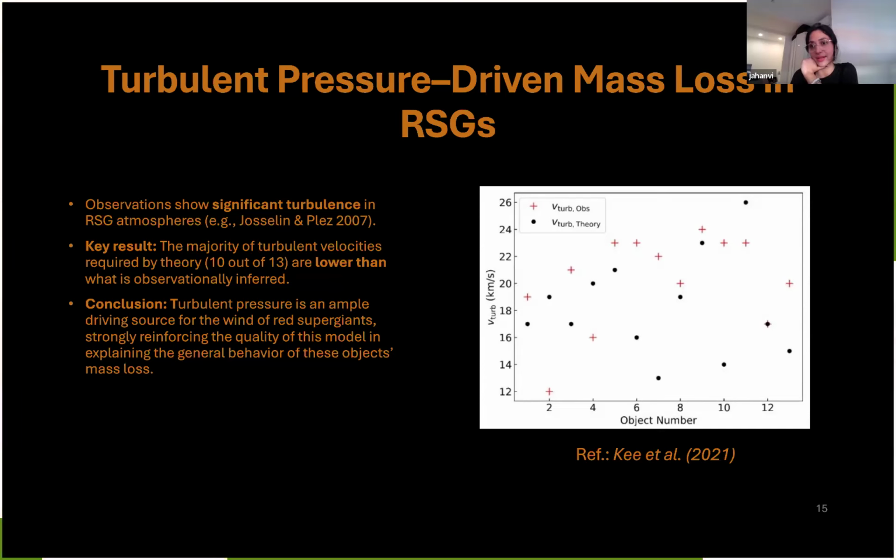Yeah, I kind of agree, and that's the reason why I showed a result here from this paper, and did not show anything from the others. I agree with this, but I also feel that it depends on how you are modeling, which parameters you are using, which mass loss prescription you are using.